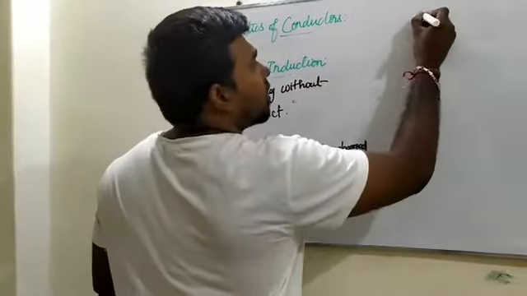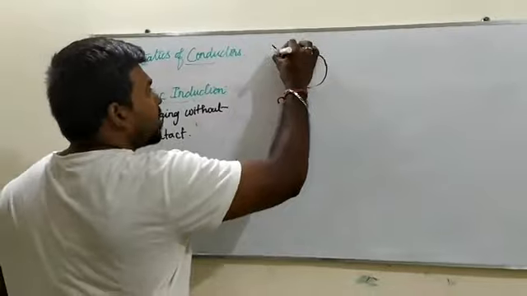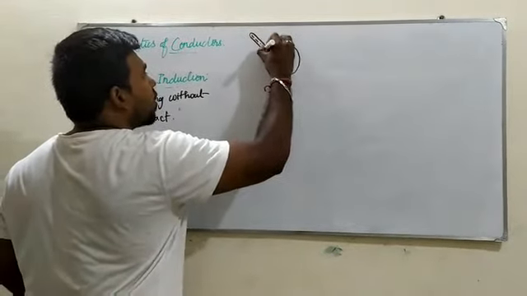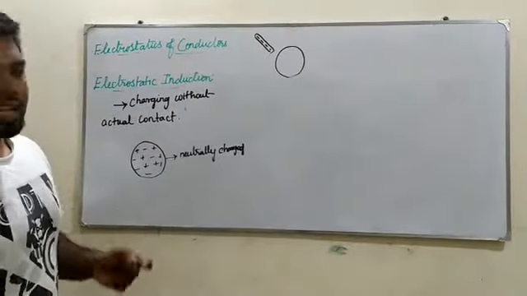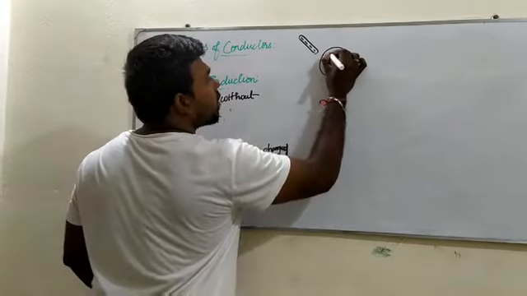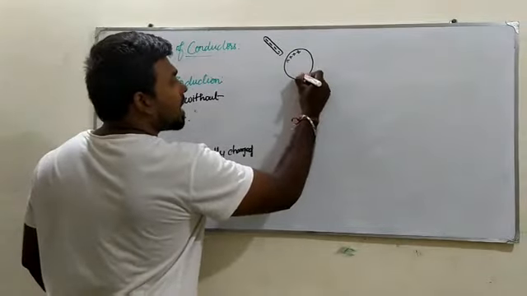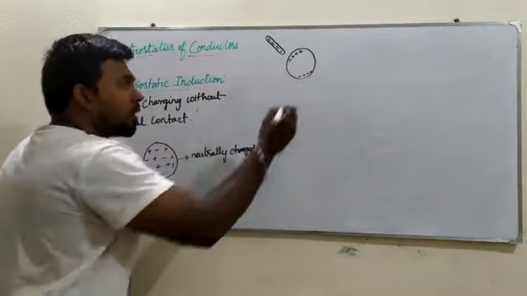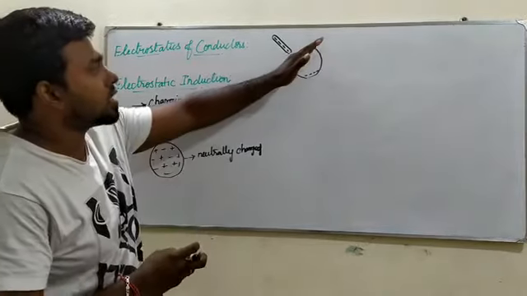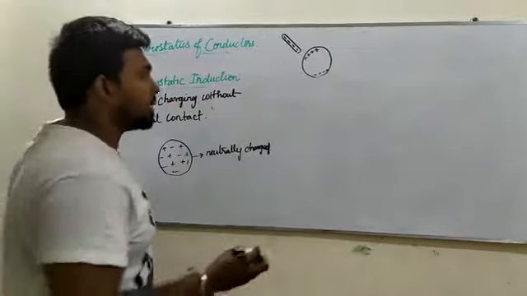Now we are bringing a negatively charged rod closer to the sphere, such that the positive charges in the sphere are attracted closer to the negatively charged rod, and the negative charges of the sphere are repelled to the other side of the sphere, such that the positive charge will be in one area and the negative charge in another area of the sphere.